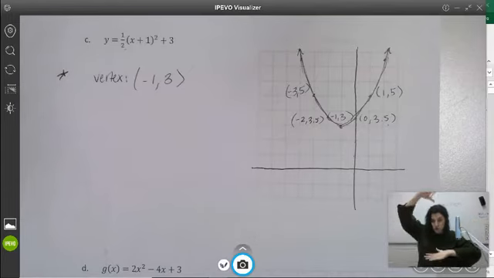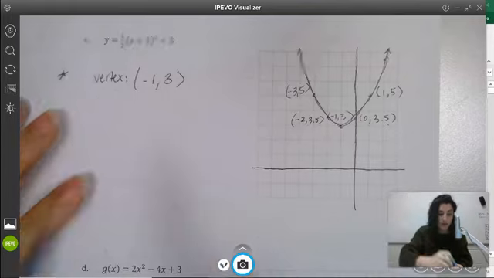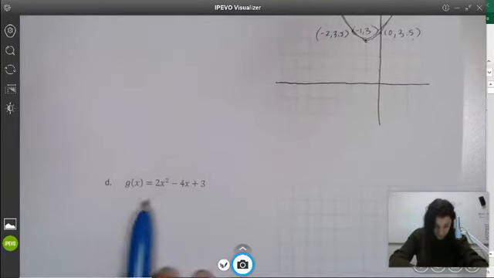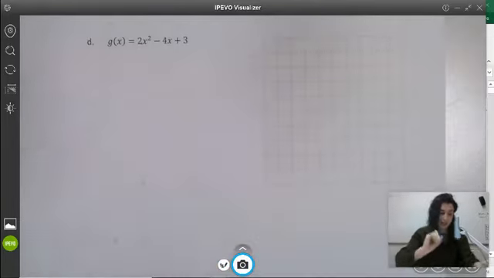So you can see that's a vertical shrink. We're still moving horizontally in the exact same way, but this is the behavior of the points, and why we call it a vertical shrink when we've got an A value less than 1, versus an A value more than 1, which would give you a vertical stretch.